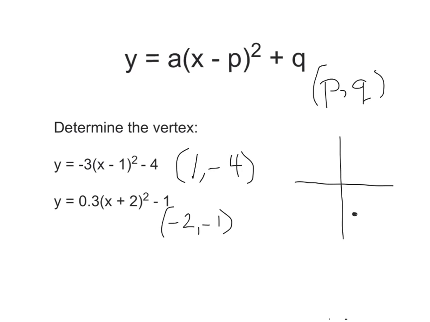So I can get an idea of what the graph looks like. It's definitely not perfect. I'm not doing it on graph paper. My pen slipped a little bit, so I have a funny wiggle in there. But you get a visual of what it looks like. Without ever having to use your calculator or make a table of values, you can get a lot of information about that quadratic.